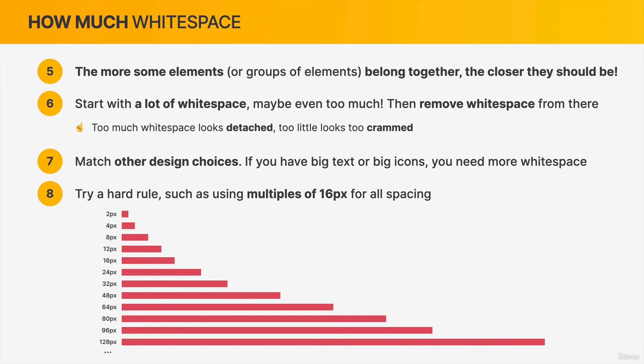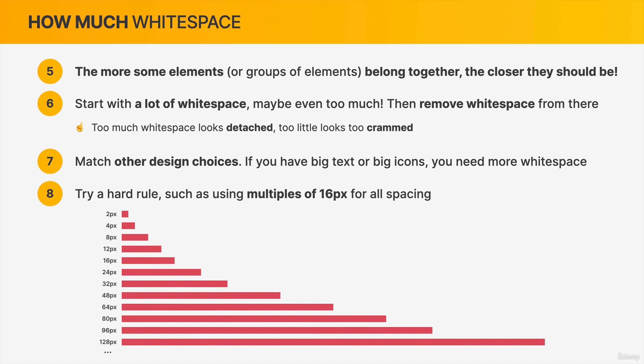But instead, you can use a rule like this one, which only uses multiples of 16 pixels for all the margins and paddings that we apply on a page. You will also need to add some smaller values like 2, 4, 8 and 12 pixels, but in general, from there on, all the other values are multiples of 16 pixels, and some of them are even skipped just in order to limit your choices.